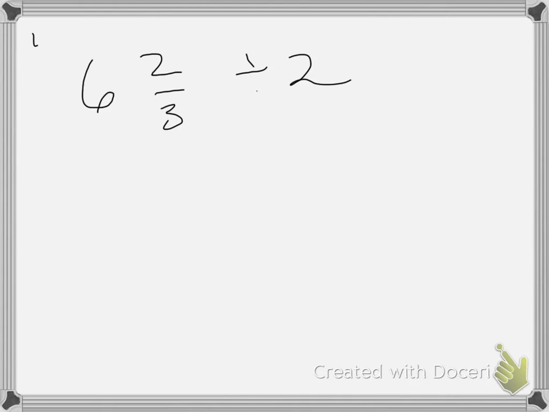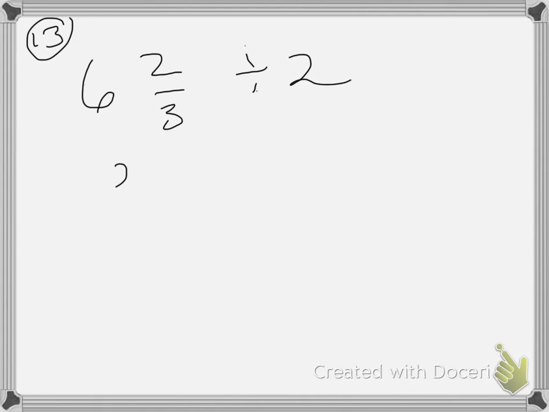Looking at number 13, it reads, Miss Scott is spreading mulch in her yard. She spreads 6 2/3 yards in 2 hours. How many square yards can she mulch per hour? So you're going to have to divide 6 2/3 divided by 2.